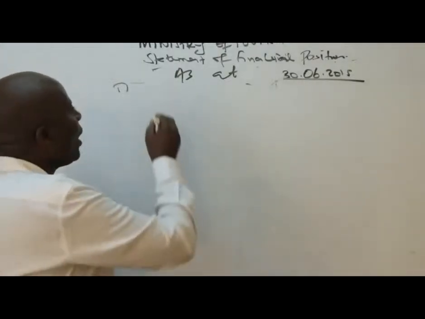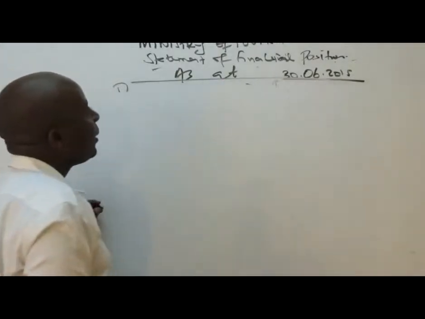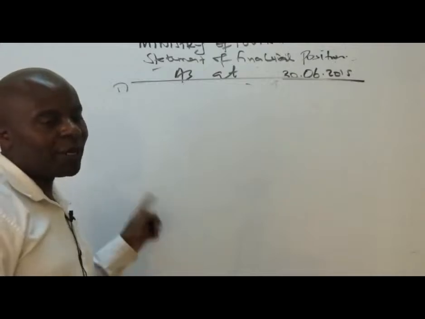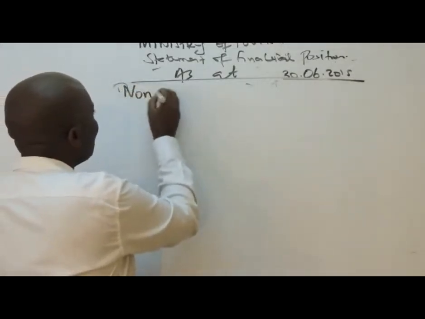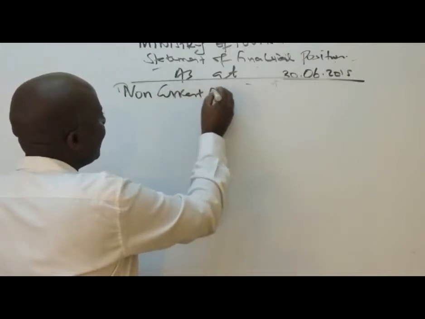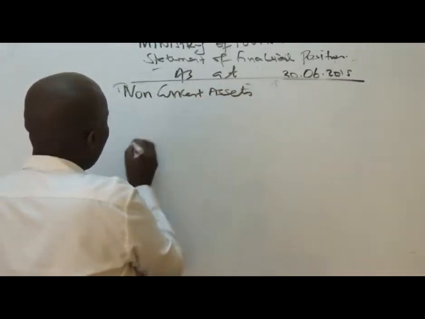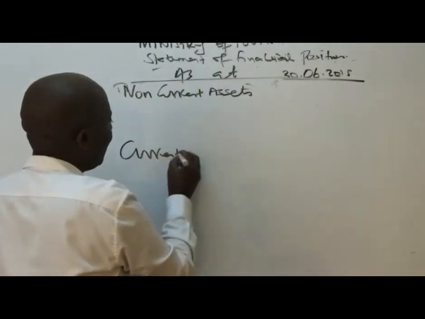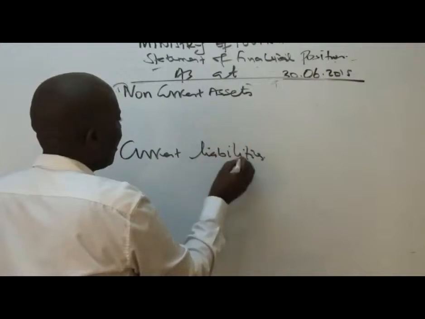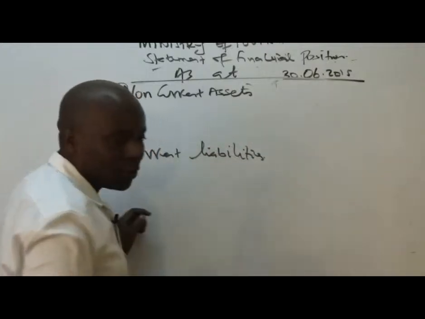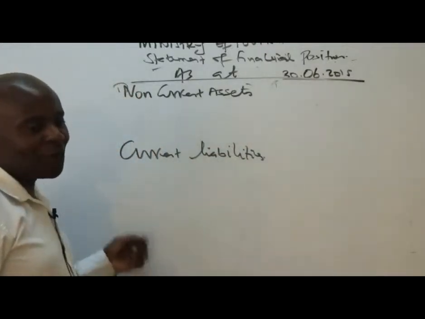Straight away, ladies and gentlemen, if it is a financial position, we normally start with assets. And assets, we have non-current assets and the current. Then we have the equity, but we don't talk of equity here.